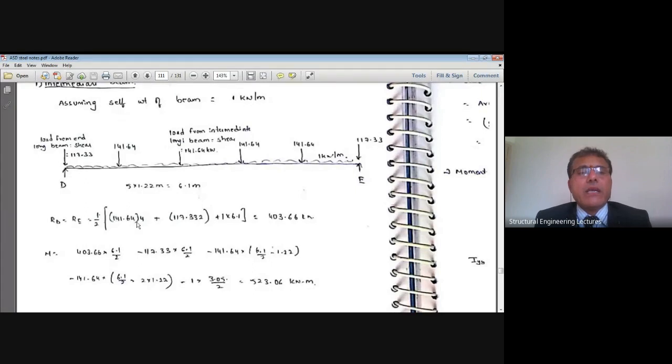Then I'll calculate the reactions RD and RE, which are half the load. Because of the symmetry of the loading, I'll say half the load will go to each of the supports. Therefore, the total load is 141.64, 4 loads are there, and 117.33, 2 loads are there, multiplied by 2, and a UDL of 1 kilonewton over 6.1 meter.